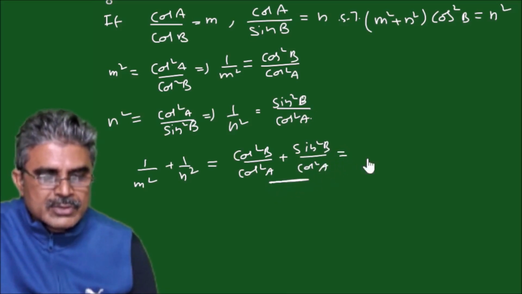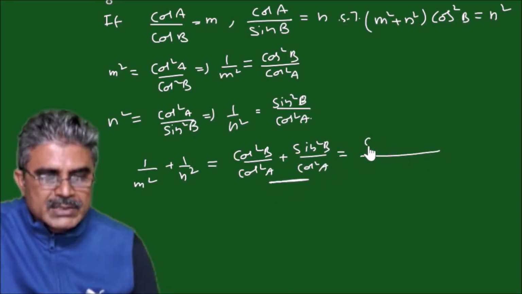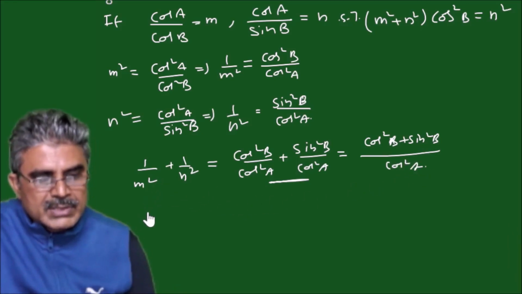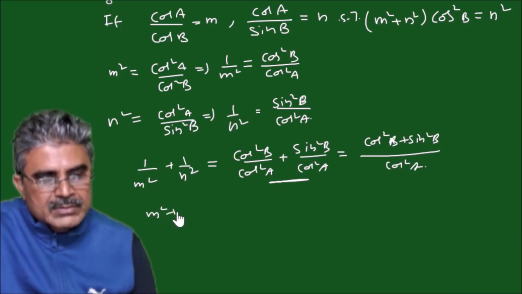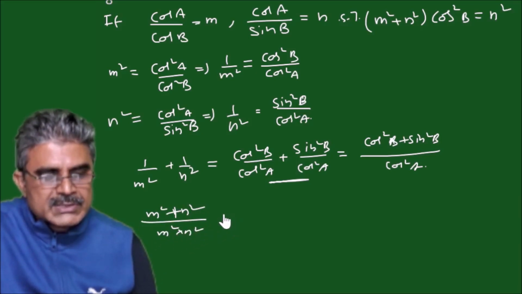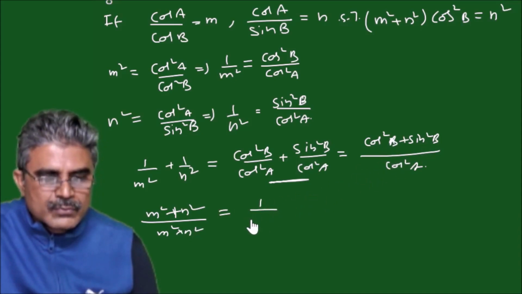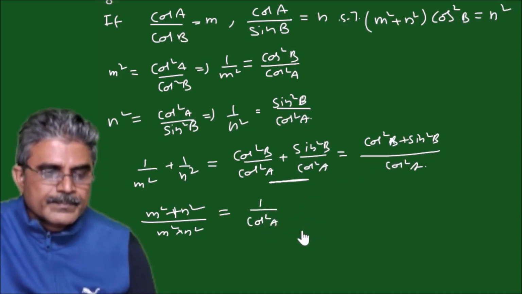So here denominator is same, just add the numerator cos square b plus sin square b by cos square a, but here you will have m square plus n square divided by m square into n square, which is equal to cos square b plus sin square b is 1 by cos square a.